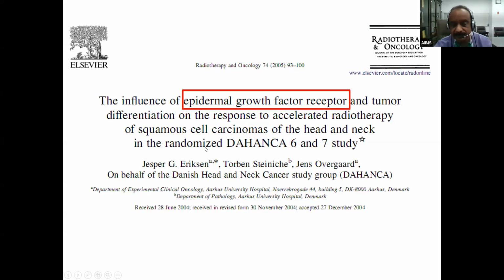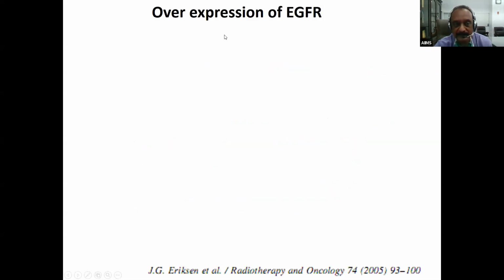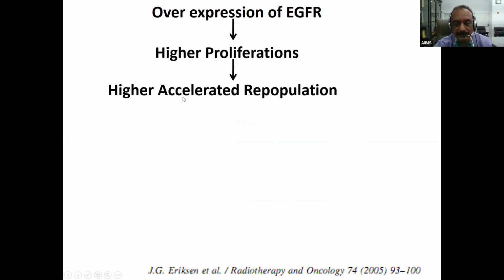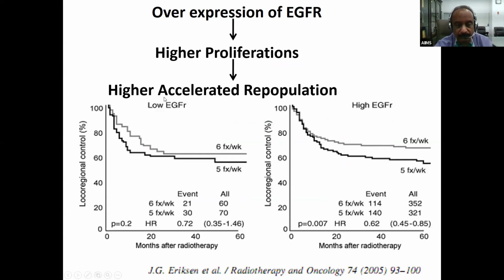Now the same authors, similar to CHART, looked at the epidermal growth factor receptor and also the tumor differentiation, which they published in a separate article. Again, they hypothesized that overexpression of EGFR will lead to higher proliferation. So naturally, when you reduce the overall treatment time, you will counter the accelerated repopulation. So again, you see when patients had low EGFR, there was no difference.